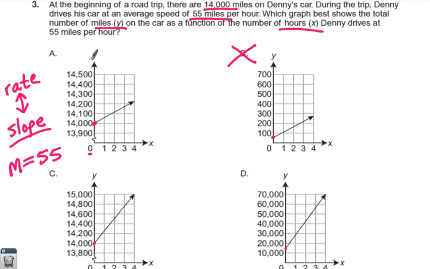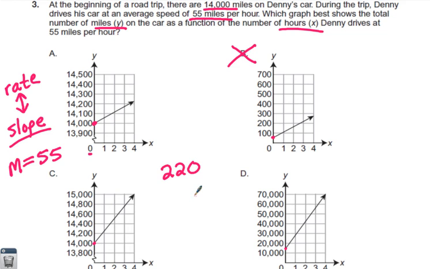Driving 55 miles per hour for 4 hours, every single one of those 4 hours going 55 miles, I'm essentially going to multiply 4 times 55. After 4 hours of going that fast, we should have added on 220 miles to the total miles.